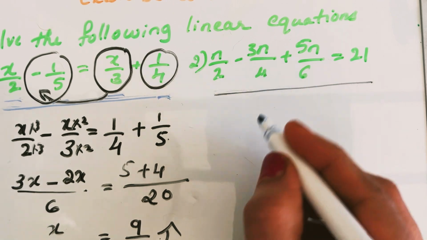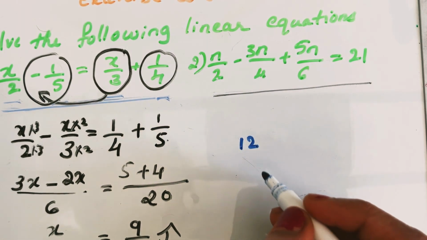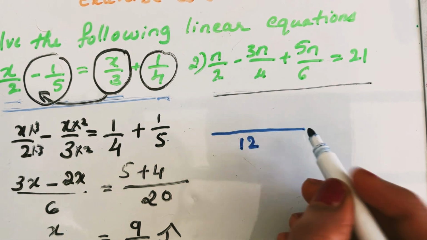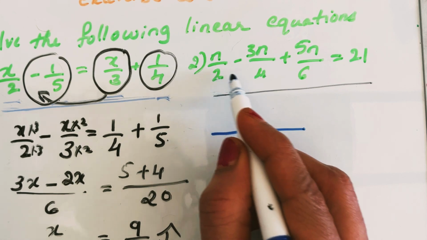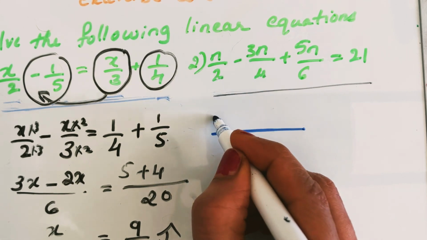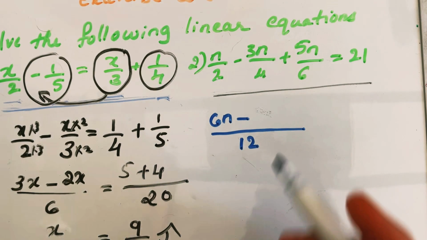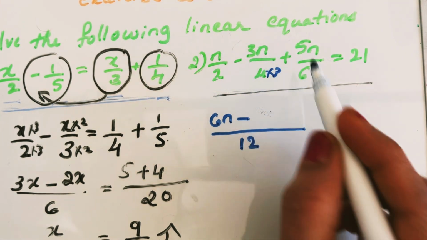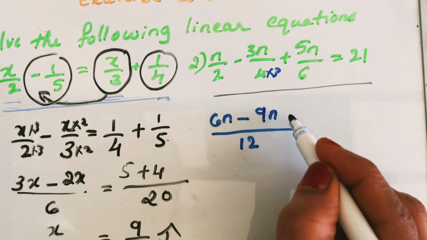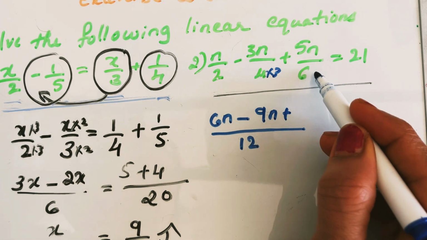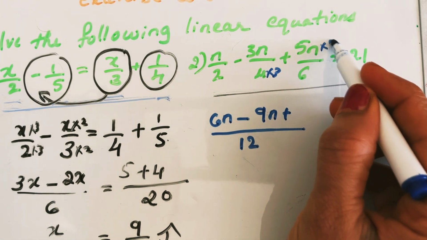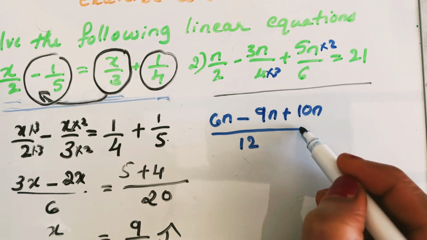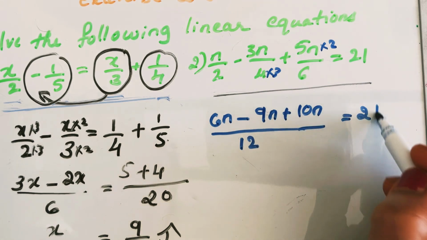LCM of 2, 4 and 6 is 12. Now 2 times 6 is 12, so it's 6n. 4 times 3 is 12, so 3n times 3 is 9n, plus 6 times 2 is 12, 5n times 2, 10n is equal to 21.